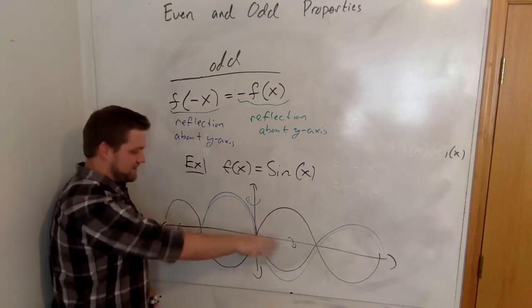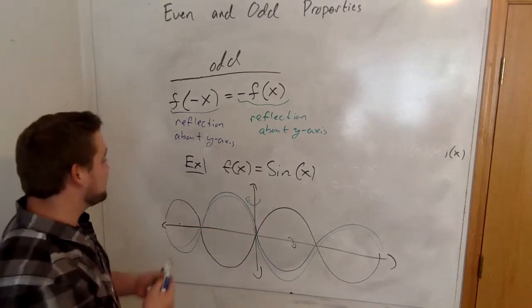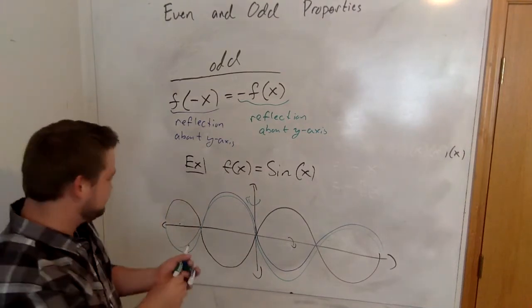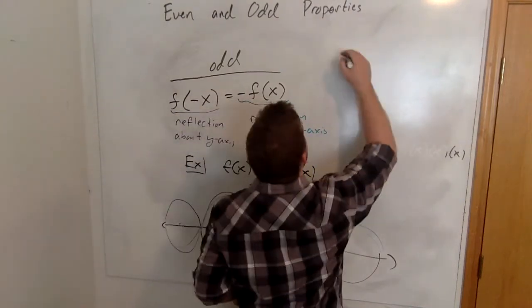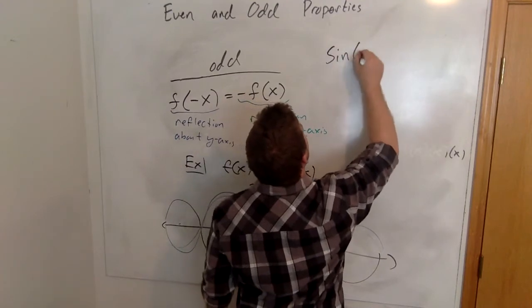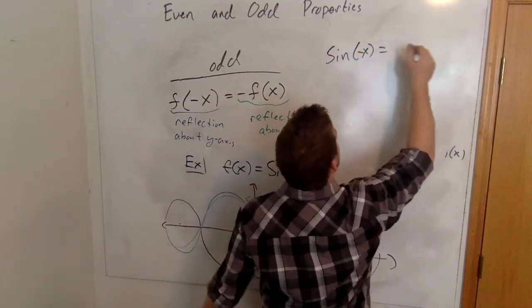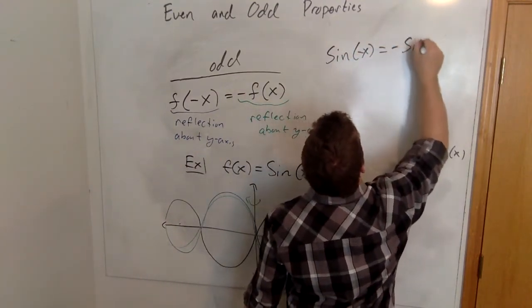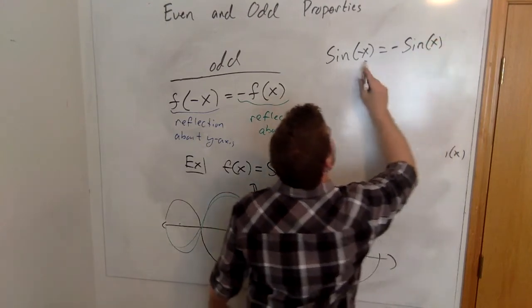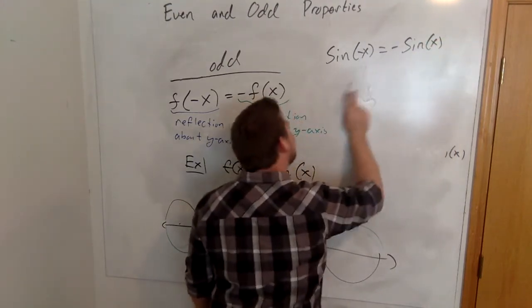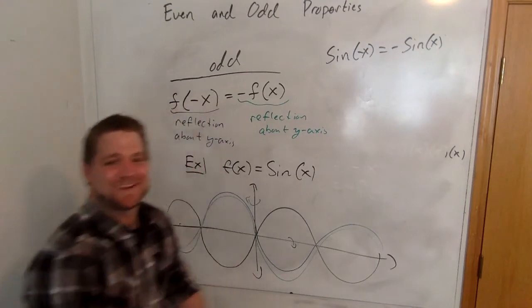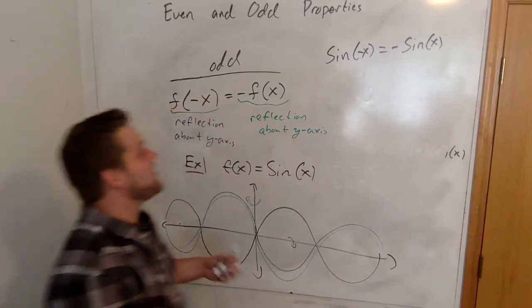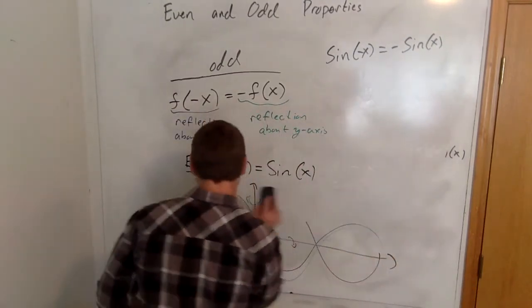The blue, I'm reflecting this way. Same picture. Sine is an odd function. We have that sine of negative x is equivalent to the negative sine of x. So if we ever have a negative on the inside of a sine, we can move it out front, which is really nice to be able to do. Sine is an odd function. Okay?